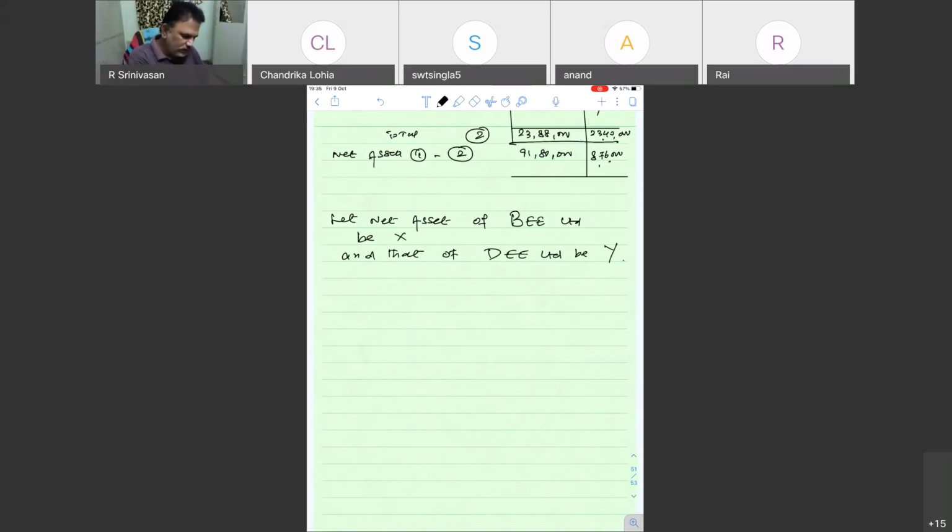What is the holding of B limited in C limited? That we find out now. B limited has 6,000 shares of D limited. Number of shares in D limited is how much? 30 lakhs divided by 100.